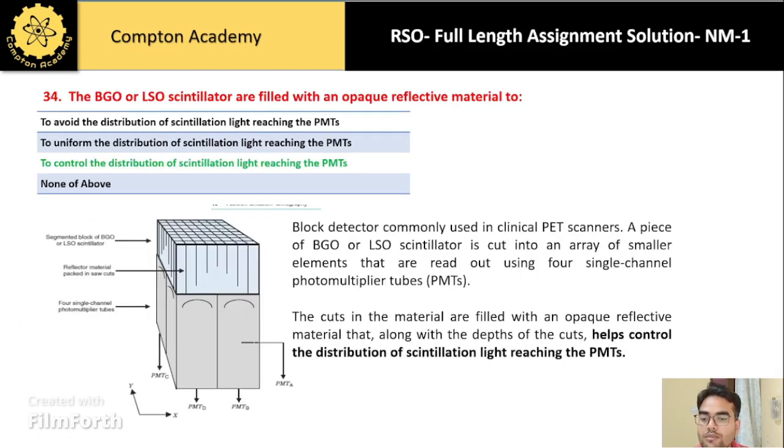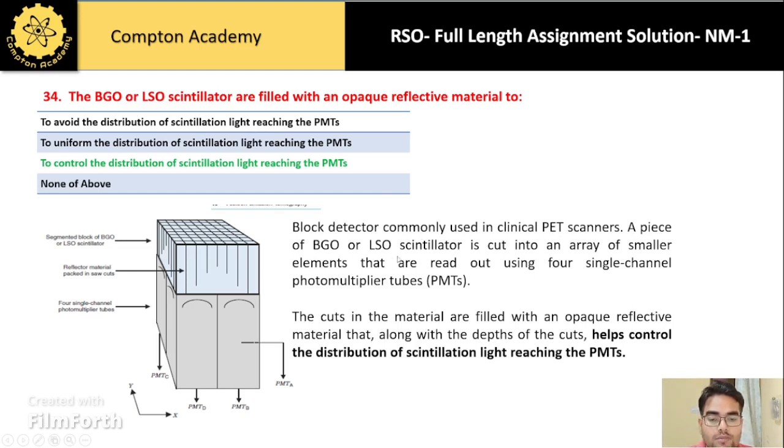Now the question number 34 is, the BGO or LSO scintillators are filled with the opaque reflecting material to control the distribution of the scintillation light reaching the PMTs. This is the purpose of this opaque reflecting material. The block detector is commonly used in the PET scanner.